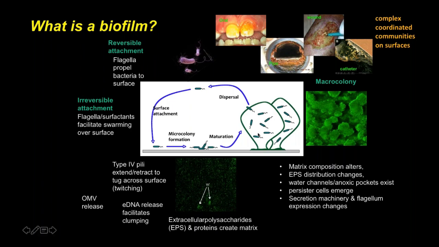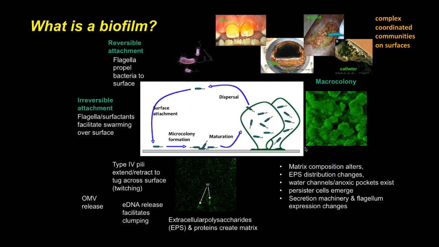And together these accumulate, and the cells again divide a bit more until you've got some quite large structures within a biofilm, and in between you'll have channels where the fluid can go. So in the end, they've got a complex coordinated community on a surface, and it's surrounded by a matrix of the polysaccharides and the extracellular DNA and proteins, as I mentioned.